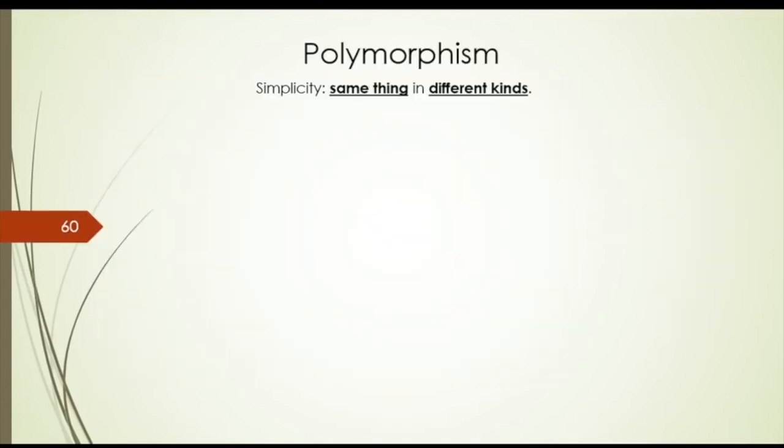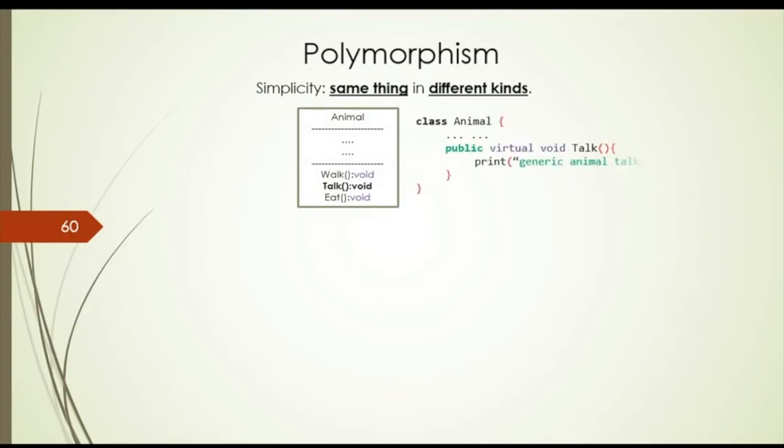Let's see an example. Let's say you have an animal class, and animals have some common properties, and they have a method called talk. When we call the method, let's assume the print is actually Console.WriteLine, and it prints the generic animal talking.